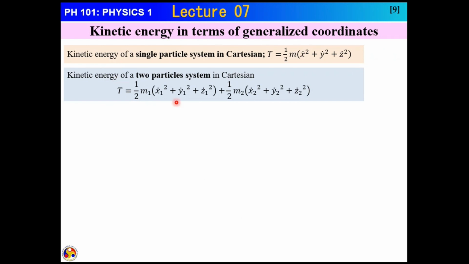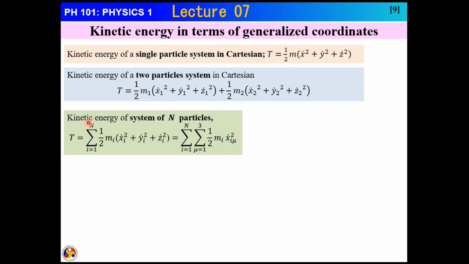The kinetic energy of the two particles is simply the scalar sum of their individual kinetic energies. And in a similar manner, if we have capital N particles, then the total kinetic energy is the scalar sum of their individual kinetic energies.